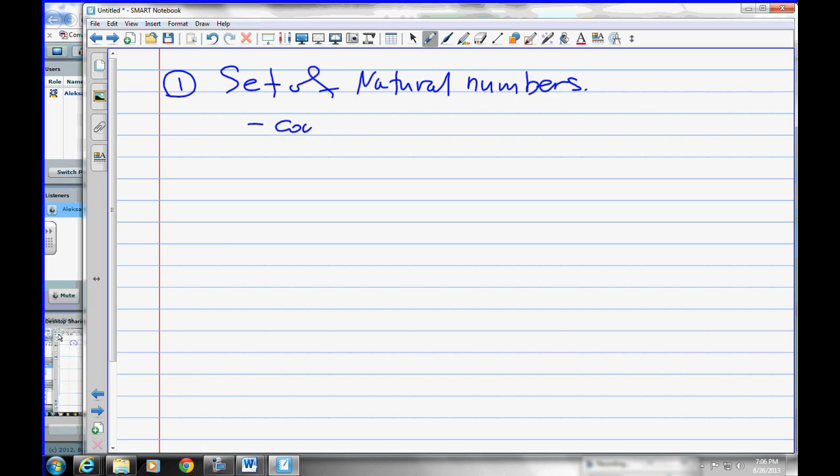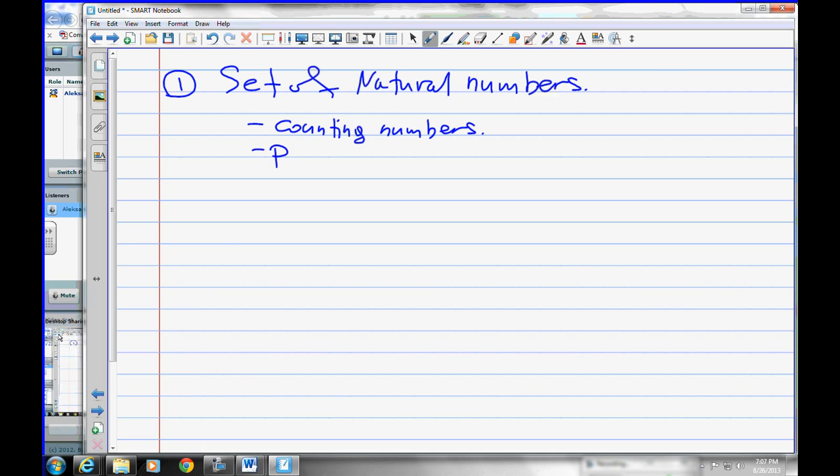Those are your counting numbers. If you were to count students in this class, how would you begin? 1, 2, 3. You would not start at 0, right? So 0 is not a natural number, but from 1 and on, positive whole numbers, those are the natural numbers.